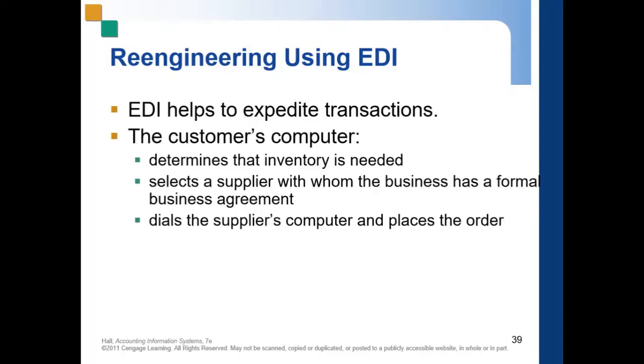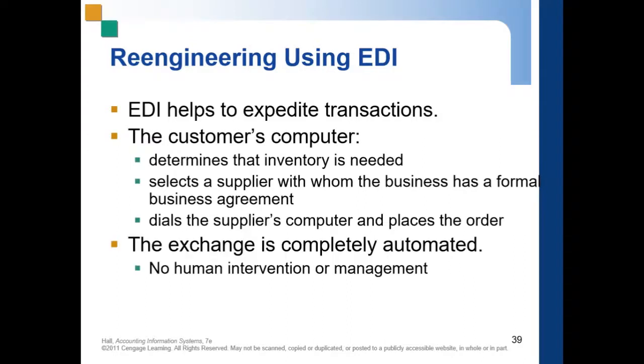So when we say EDI, it means electronic data interchange. Many organizations have re-engineered their sales order process through EDI. EDI technology was devised to expedite routine transactions between manufacturers and wholesalers and between wholesalers and retailers.